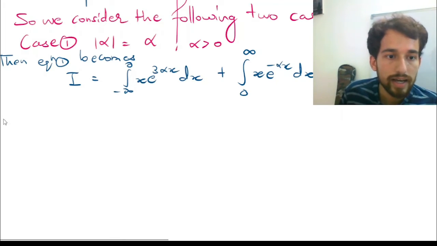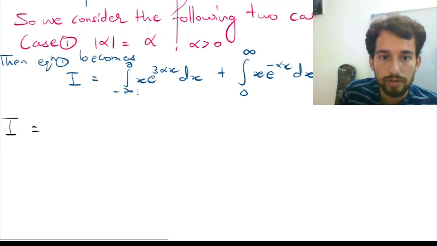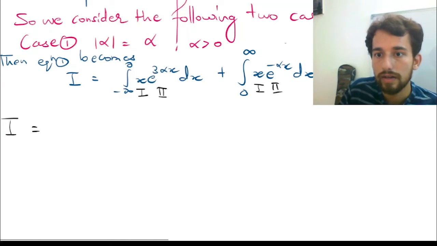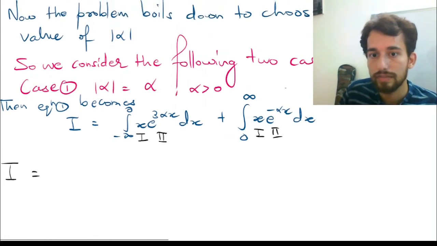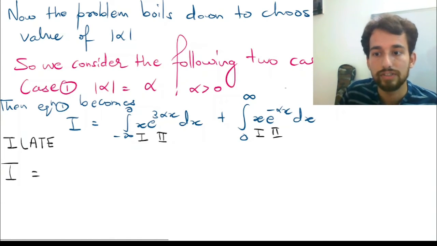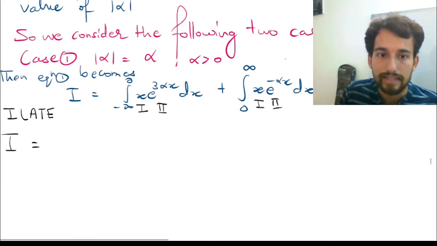Now I can rewrite my I in terms of by parts. So this is my part 1, this is my part 2, this is my part 1, this is my part 2, because the integration by parts method follows this rule, I, L, A, T, E. This is the order of the functions in which we have to take the parts.